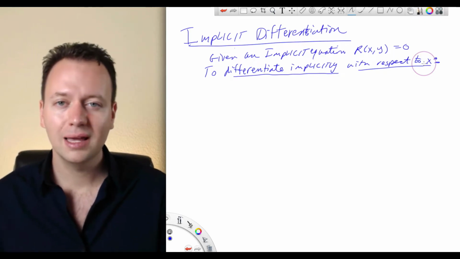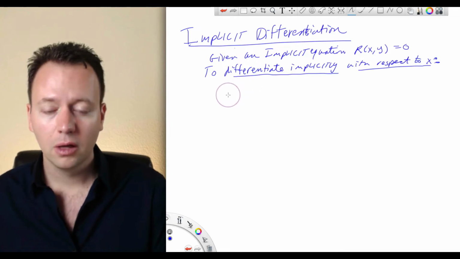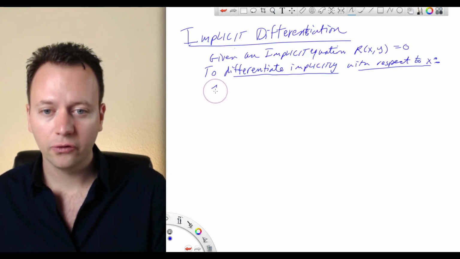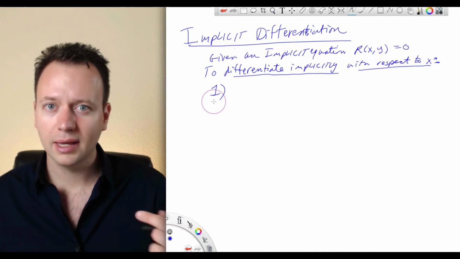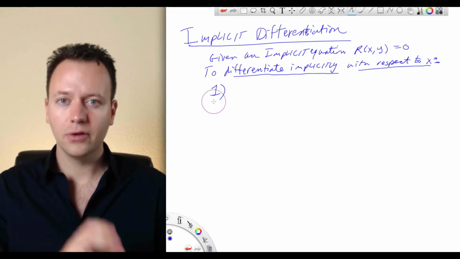So to differentiate with respect to the x variable, we do the following. First, we take the correct view of the equation.